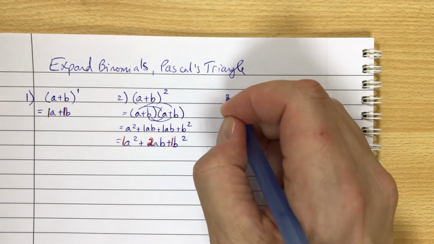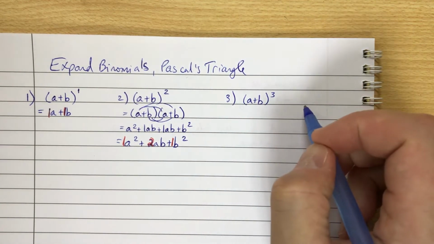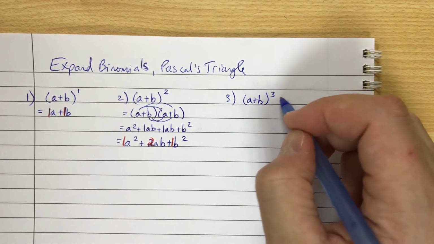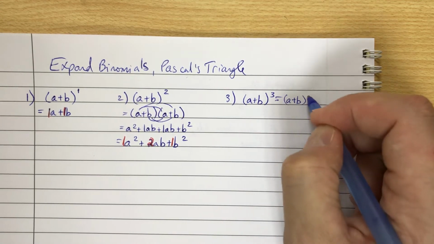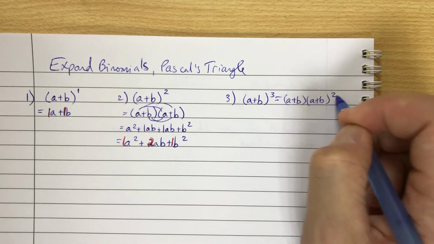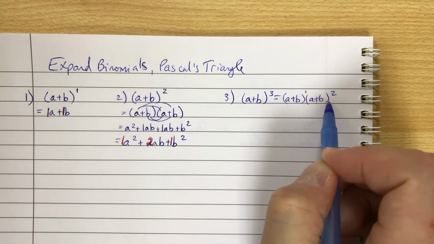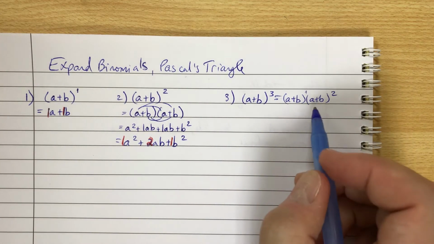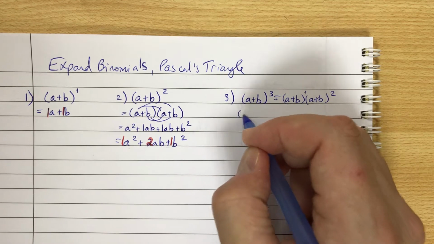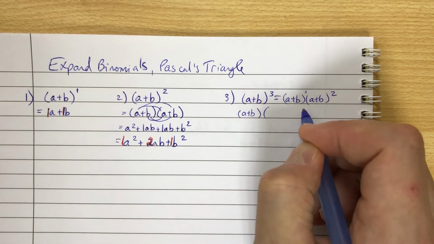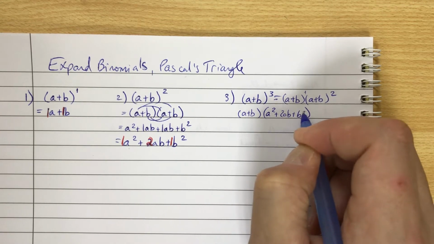If we take a plus b and now we want to raise it to the third power, there are a couple ways we can look at this. I could say that's a plus b times a plus b raised to the second. Using the laws of exponents, that's still a plus b to the third power. Since we already did a plus b to the second, it's a plus b times a squared plus 2ab plus b squared.